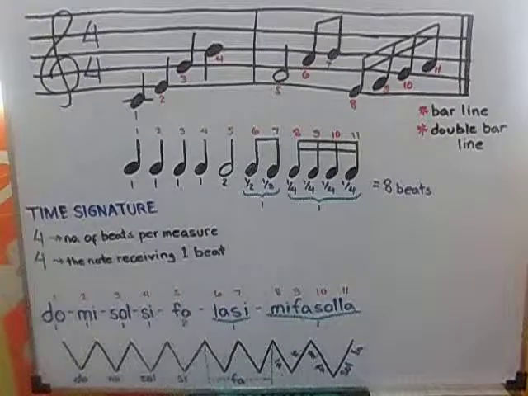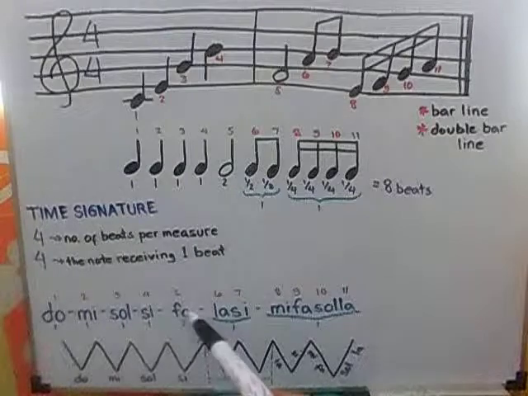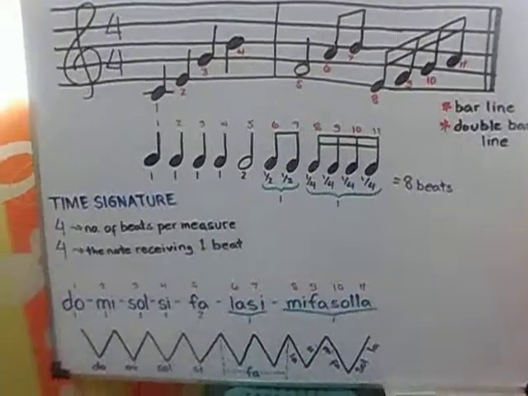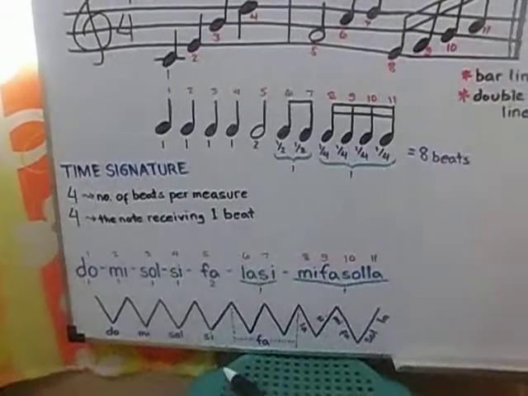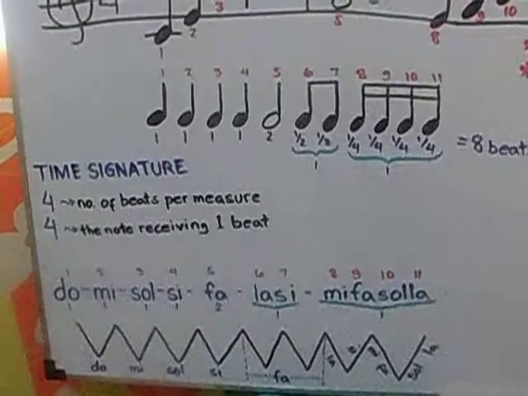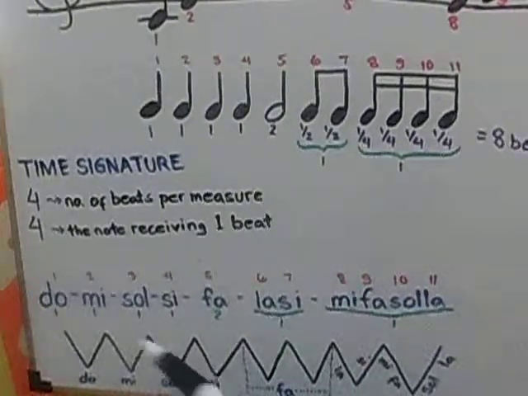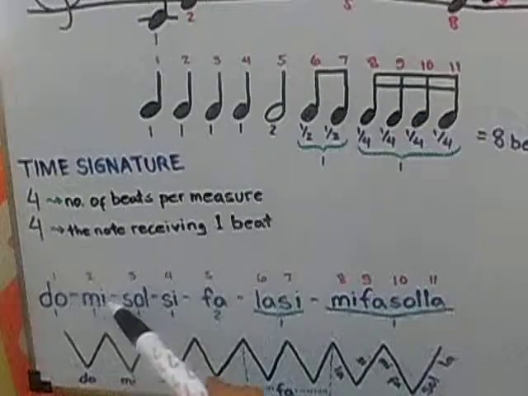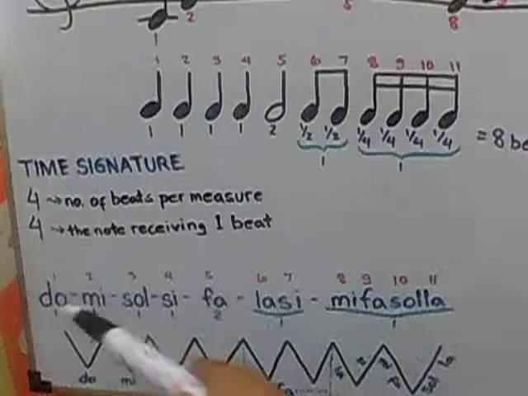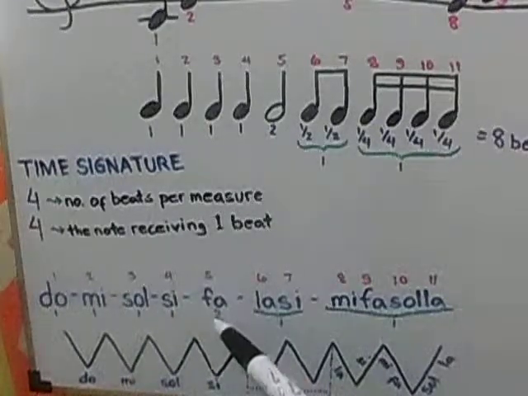So what we have here is do, mi, sol, si, fa, la, si, mi, fa, sol, la. If you notice, I use hyphens to separate each combination of notes: do, mi, sol, la, sol, si, fa.